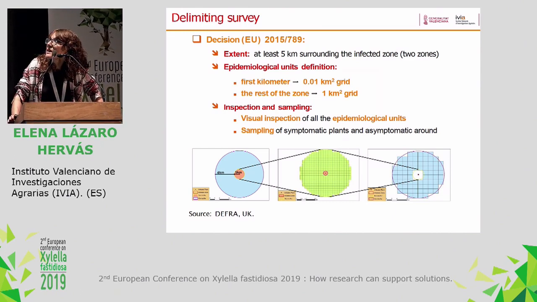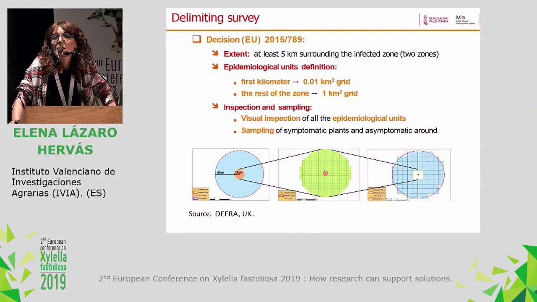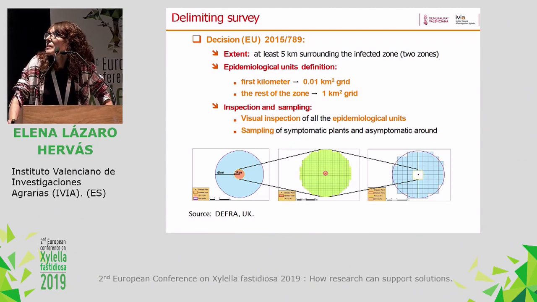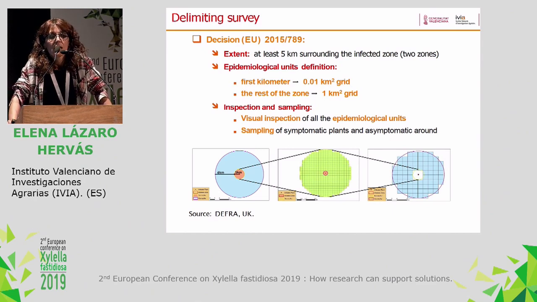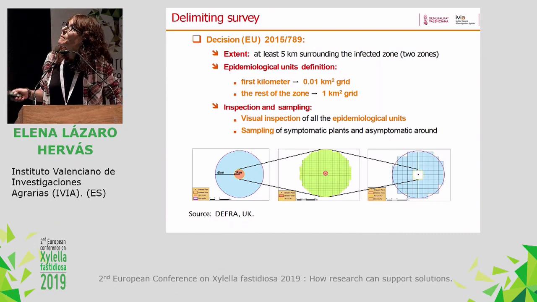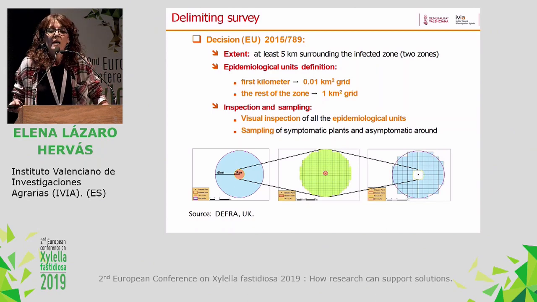The first kilometer must be split in a 0.01 kilometers square grid size, and the rest of the zone must be split in a 1 kilometer square grid size. Visual inspection of all the epidemiological units is compulsory, and only sampling of symptomatic plants and asymptomatic ones. This is a graphical description of how the delimiting survey strategy is specified in the current legislation.